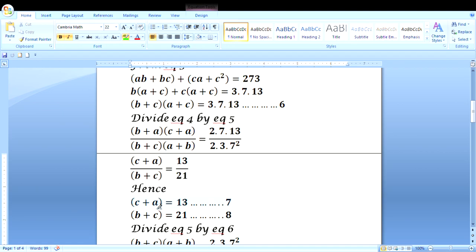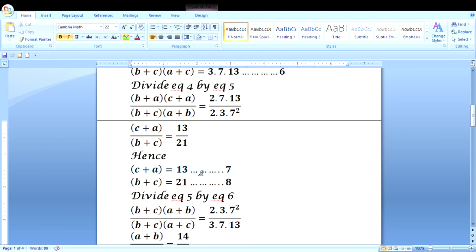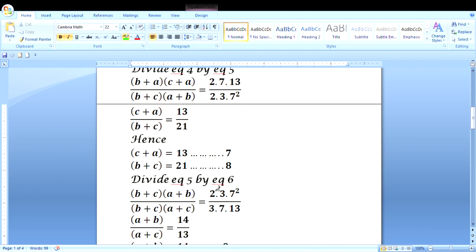So C + A = 13 and B + C = 21. We name these equations 7 and 8 respectively. Now we also divide equation 5 by equation 6, because similarly we only did this for equations 4 and 5.